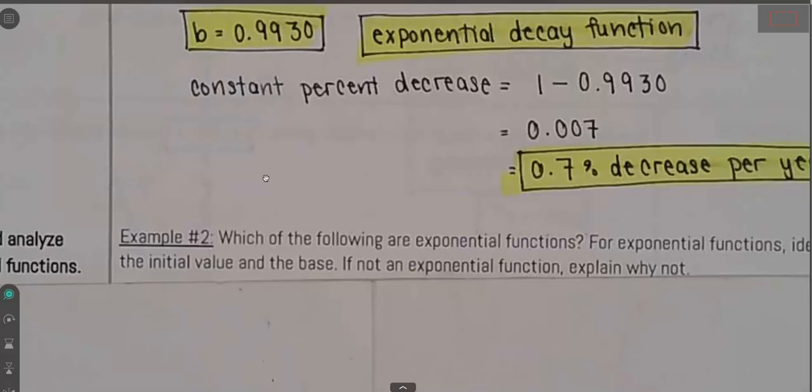Alice, you had your hand up? Are they exponential functions at all? So the definition of an exponential function is on the first page, if you want to review it.